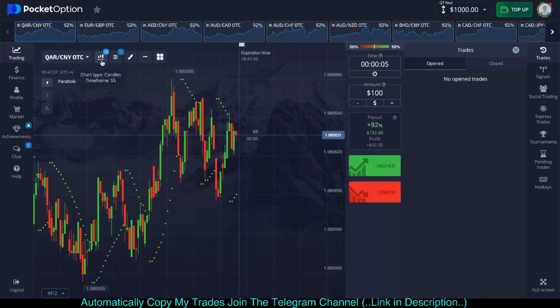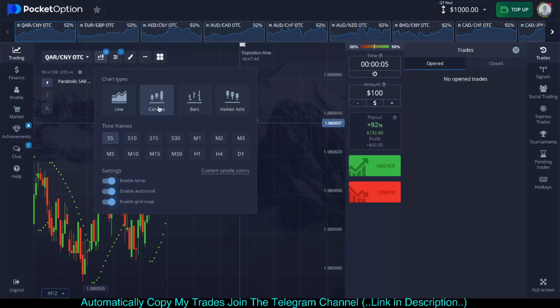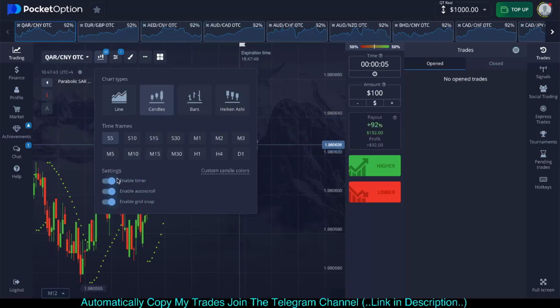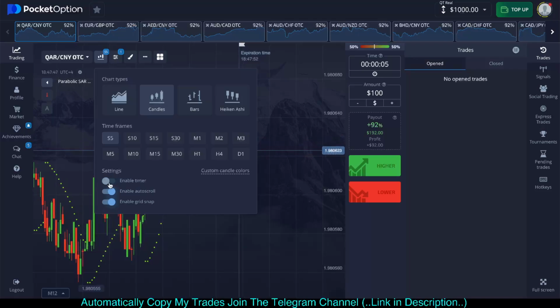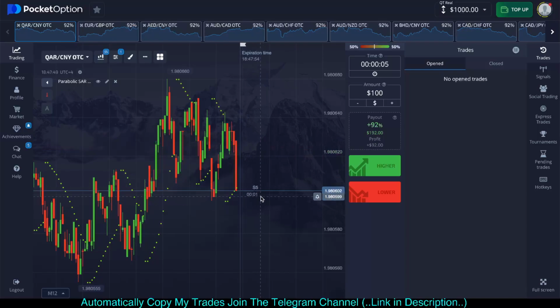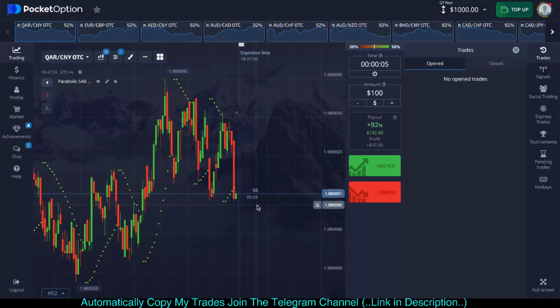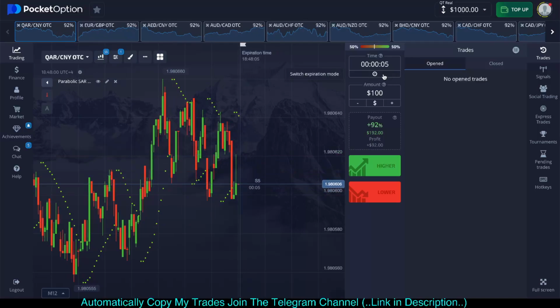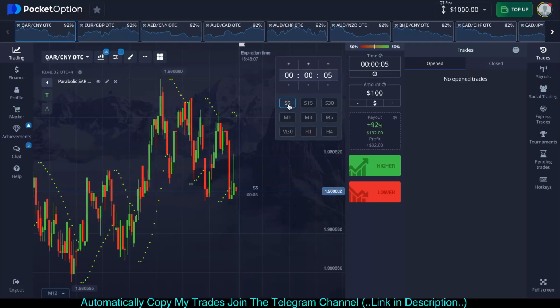Once you do this much, then just come here and select these candles and make it S5. If this timer is not enabled, I would suggest you enable this timer, so that you can see this kind of timer here: 5 second, 4 second, 3 second. Then, if it is a flag here, make it a clock, and then select S5 as the time frame.